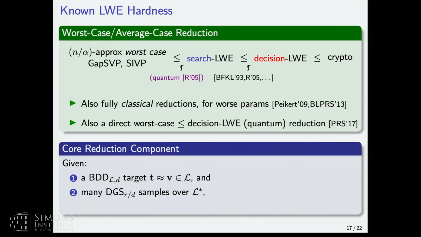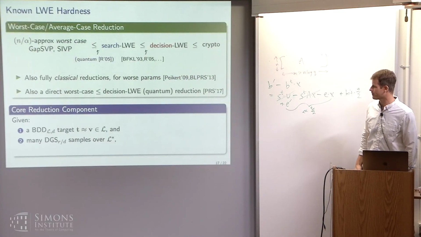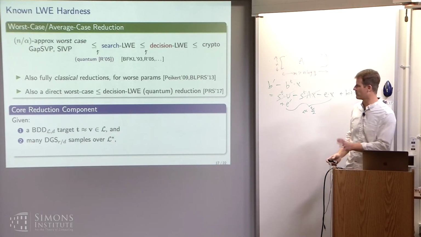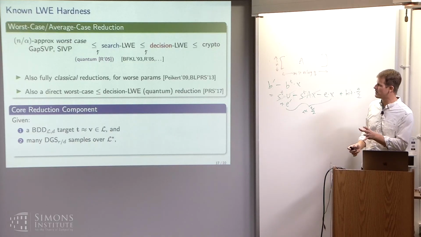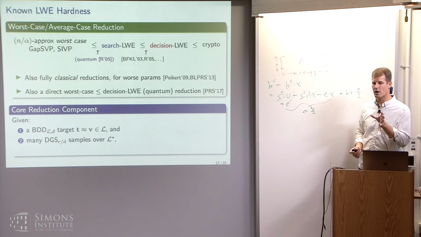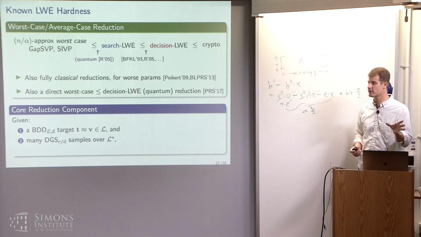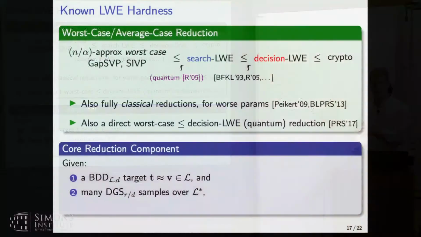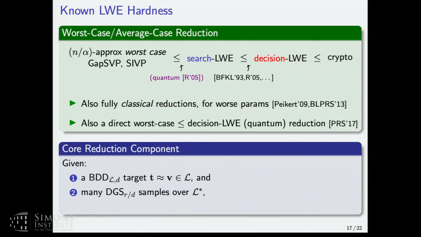What all these results have in common is a core component, which works as follows. It's a way of turning a worst-case BDD instance on an arbitrary lattice into LWE samples. There's a machine which randomizes a BDD instance into LWE samples.